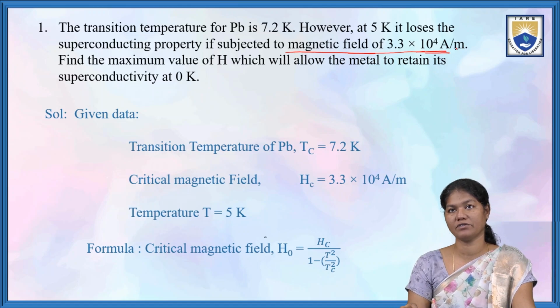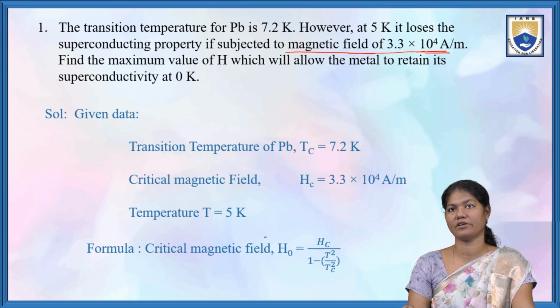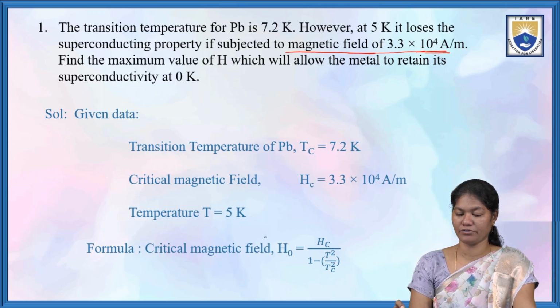Critical magnetic field is the magnetic field at which the superconductor is converted into a normal conductor. So as we go on applying the magnetic field, at some particular magnetic field, the superconductor is converted into a normal conductor. That is, the superconducting property is completely destroyed. That is the critical magnetic field.